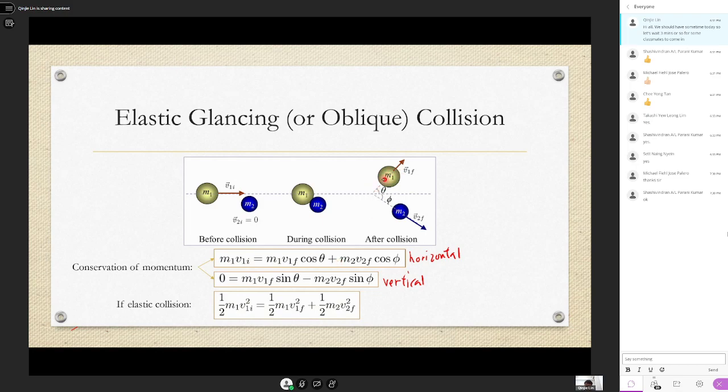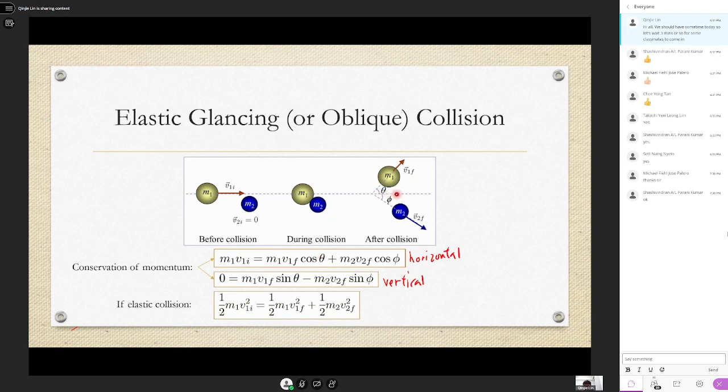Then we look at M1. What is the horizontal component? It will be M1 V1F traveling at some funny angle. We only want to resolve this into the horizontal direction. So what do we do? It will become V1F cosine theta. That's why cosine theta appears here.